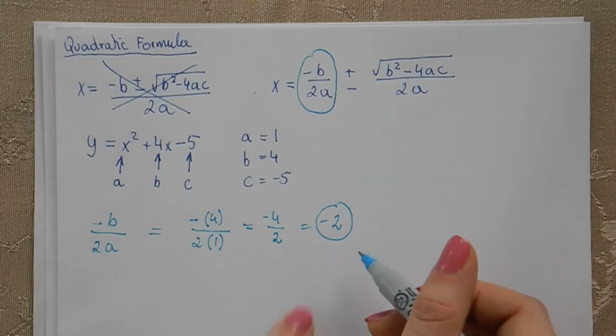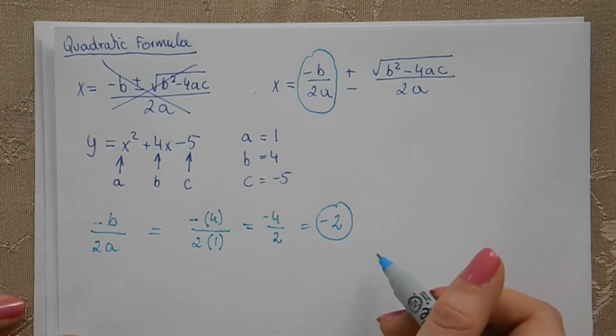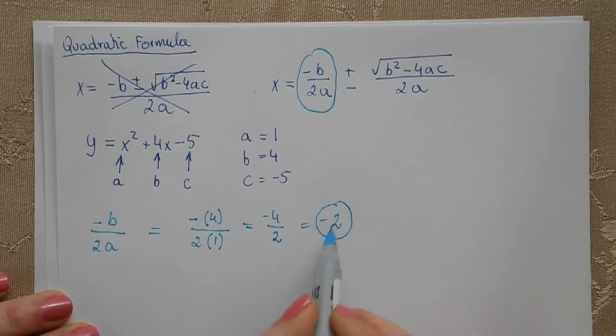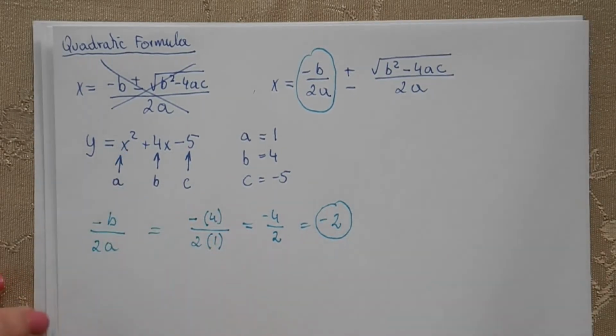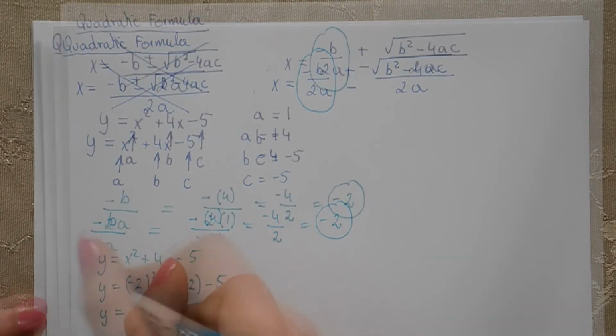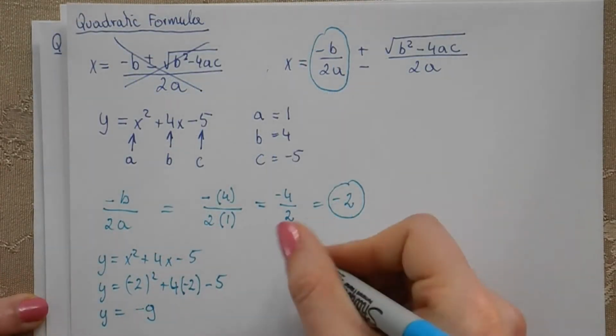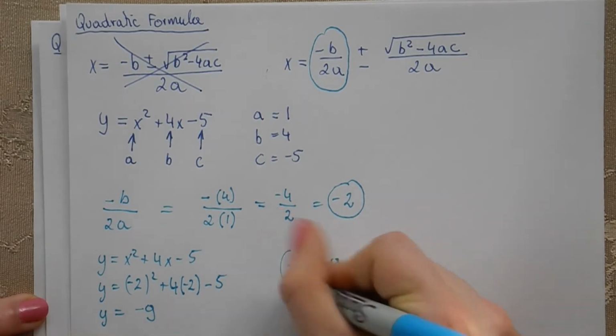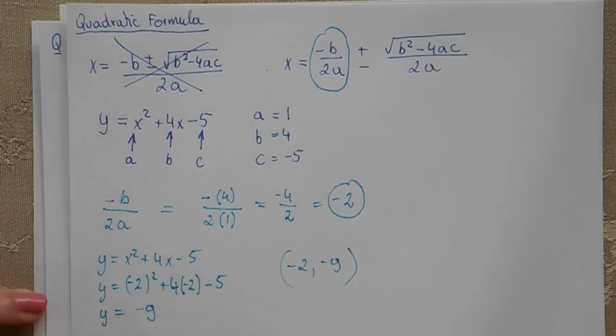And now if we would like to find the y-coordinate of the vertex, all we need to do is take the x and plug it back into our equation, so it will be negative 9. So we have the point negative 2, negative 9, which is our vertex.